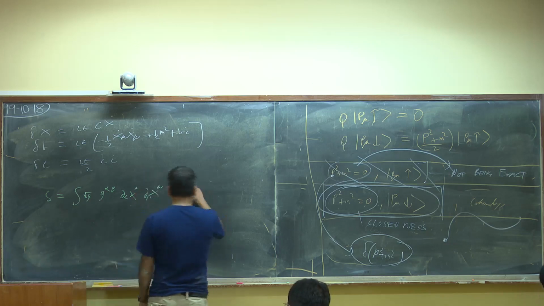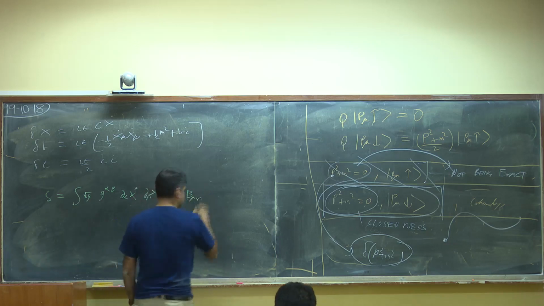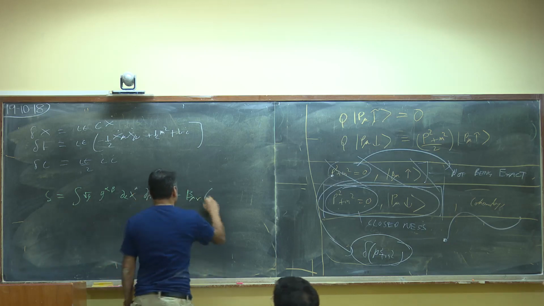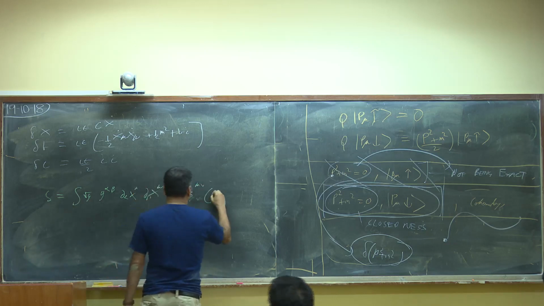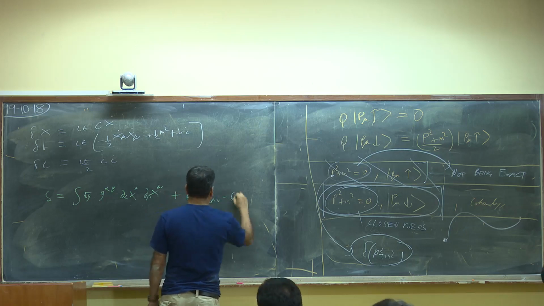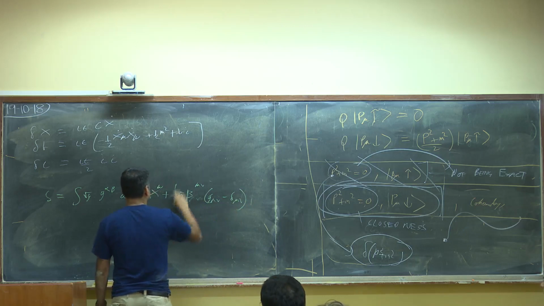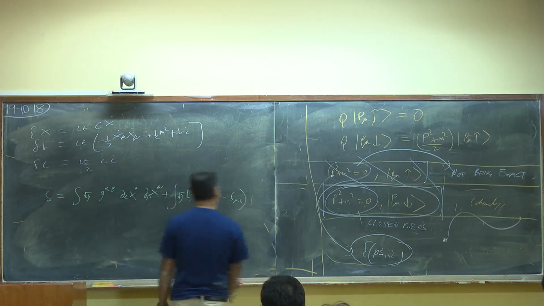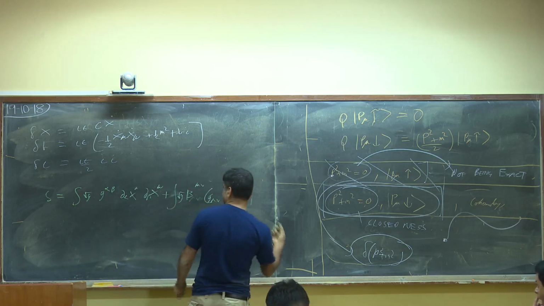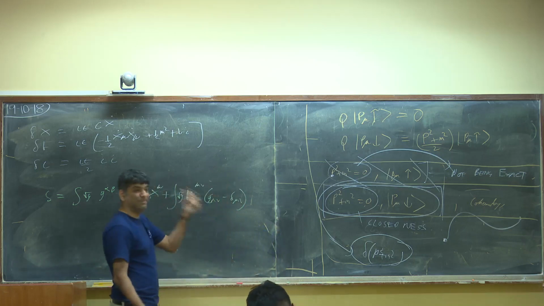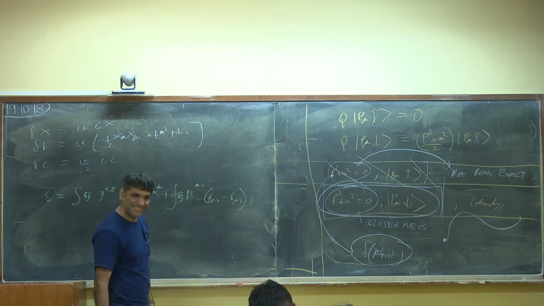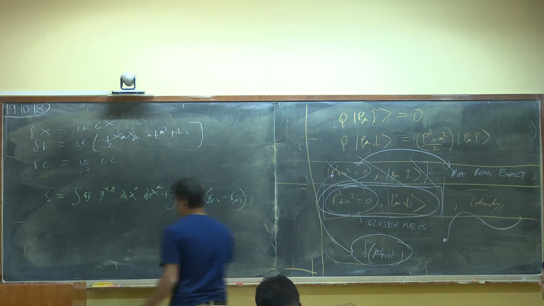So you have some b mu nu times g mu nu minus delta mu nu, that is like the b A F A term.